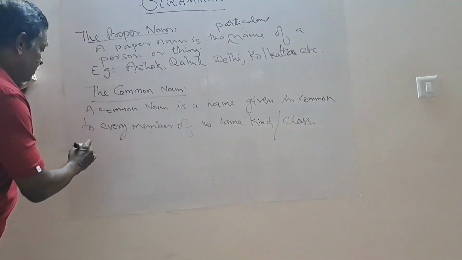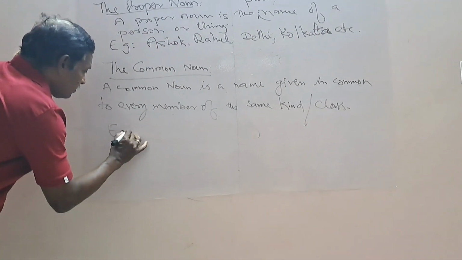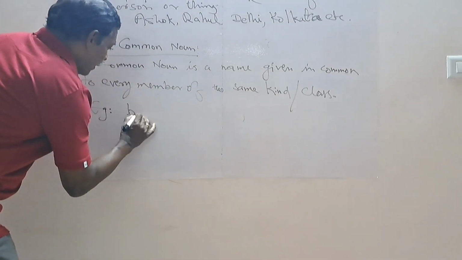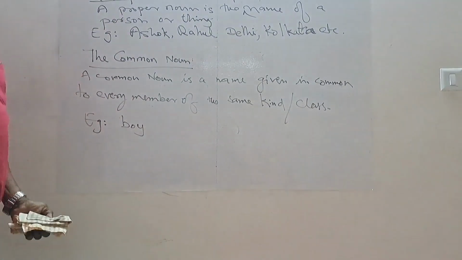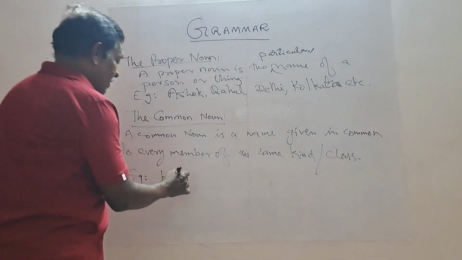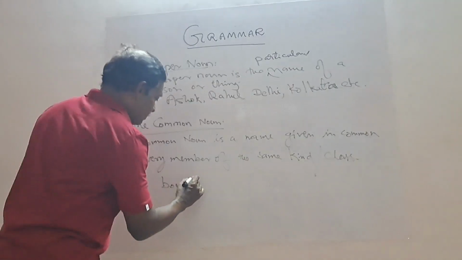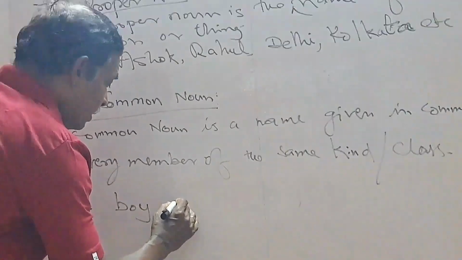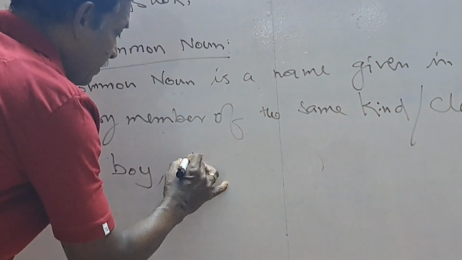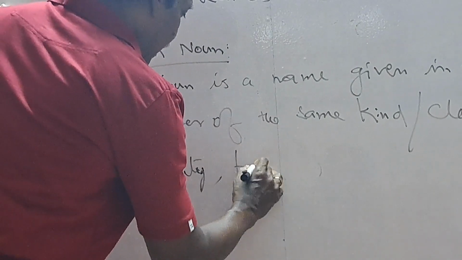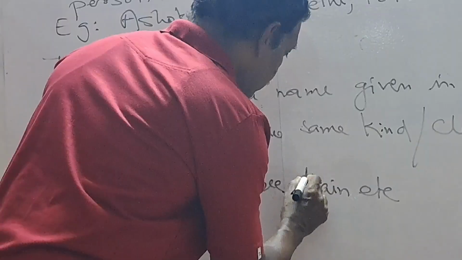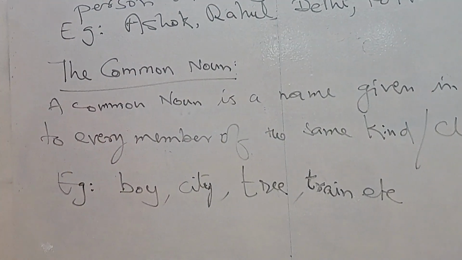For example, boy. Any boy in the world represents the word boy. Boy, city, tree, train, etc. are common nouns.